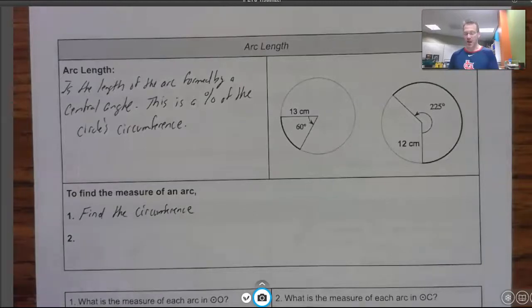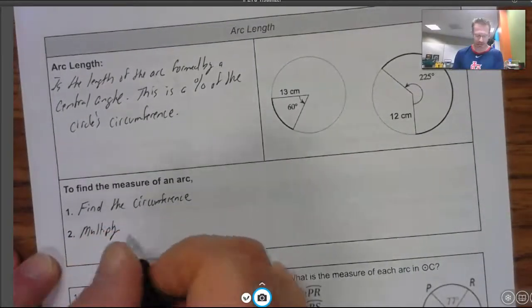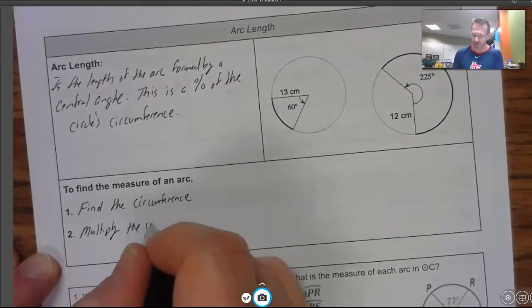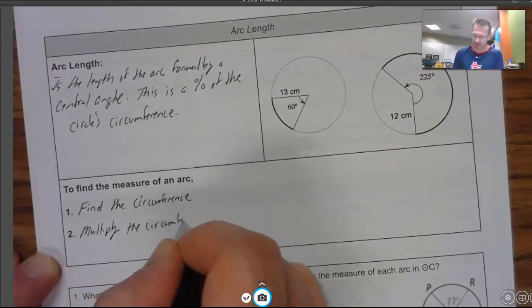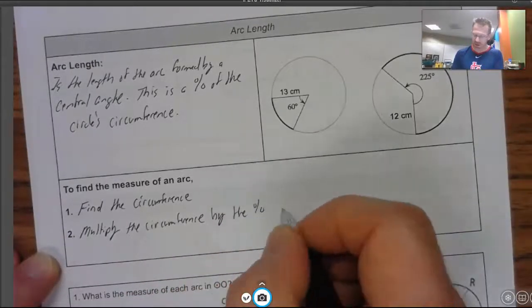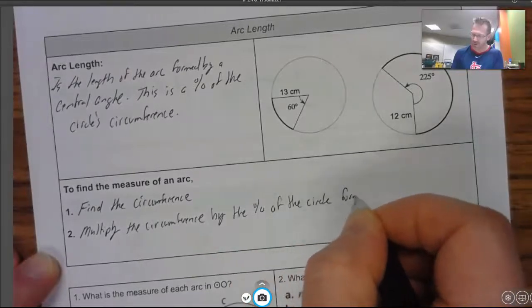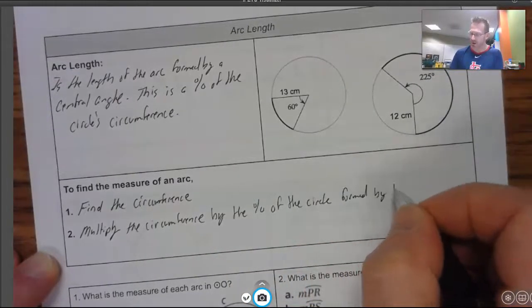Next, we want to multiply the circumference by the percentage of the circle formed by the central angle.